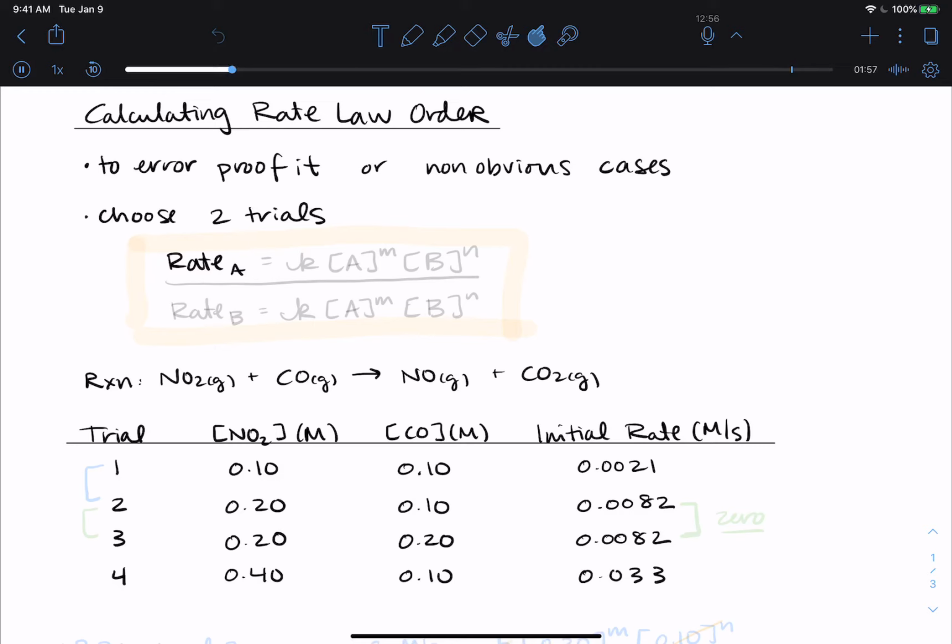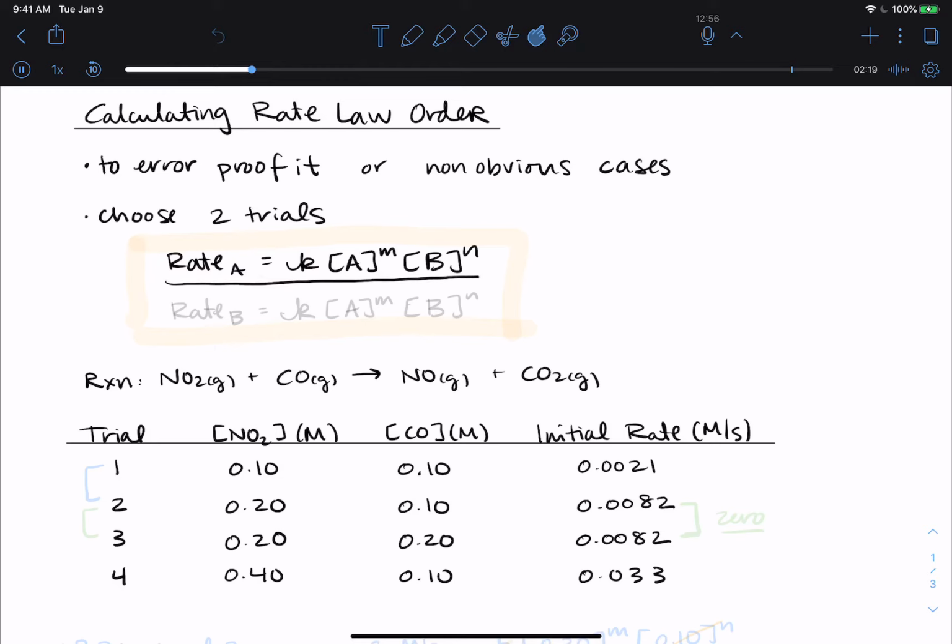So the rate for reaction trial A is going to be equal to the rate constant, and we're going generic here, so concentration of A to the M power, concentration of B to the N power. This is just the rate law will take this form for whatever we're working with.